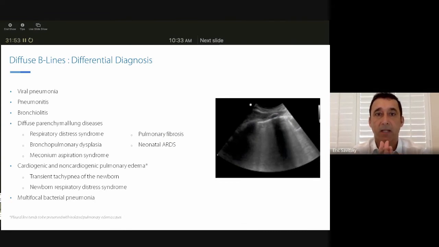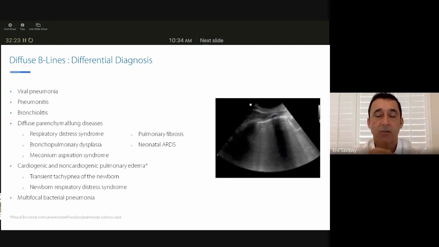Once again, the B lines tend to be diffuse, tend to match the severity of the underlying disease process. And your differential diagnosis is everything from viral pneumonias to pneumonitis, bronchiolitis, and diffuse parenchymal diseases, especially in neonates, everything from RDS to BPD, meconium aspiration syndrome, pulmonary fibrosis, neonatal ARDS, and then cardiogenic and non-cardiogenic causes of pulmonary edema, as well as multifocal bacterial pneumonias.